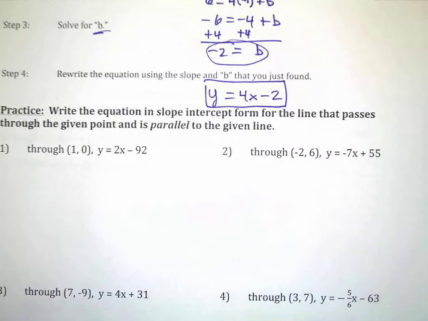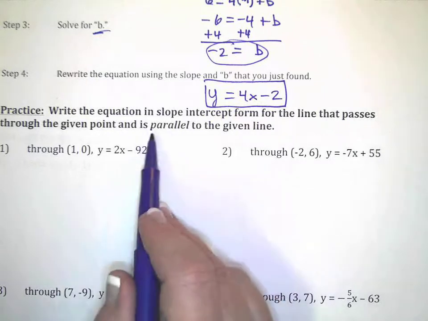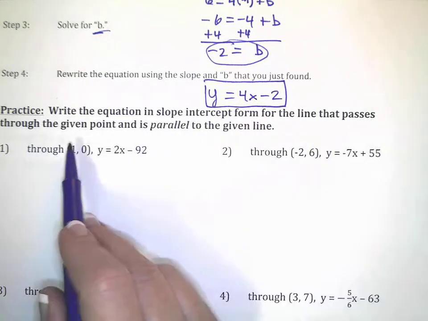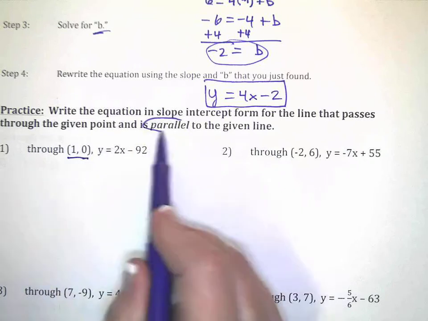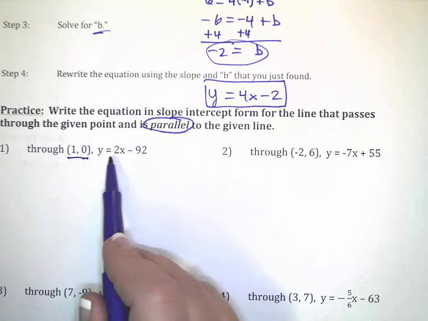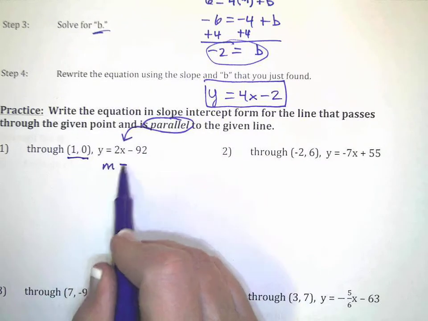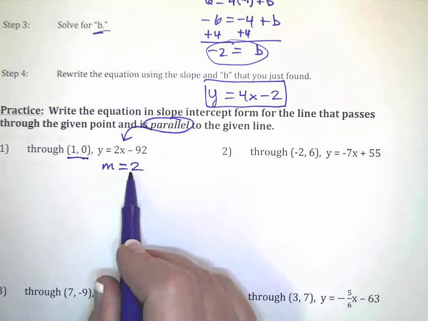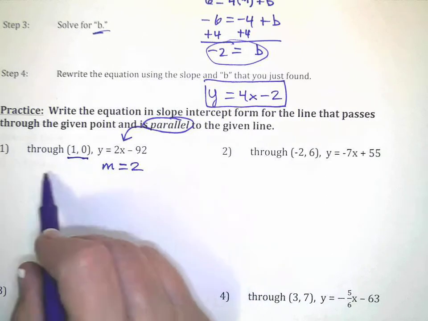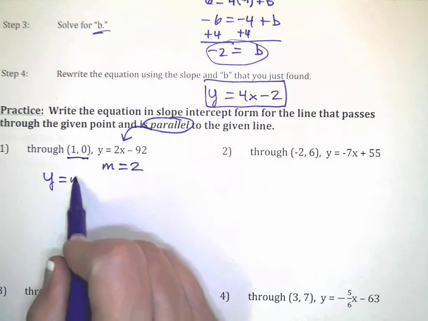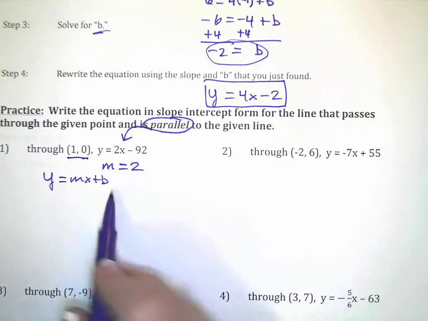So on number 1, they want us to find the equation in slope-intercept form of a line that passes through 1, 0 and is parallel to this line right here. So this line has a slope of 2. So we're going to use that slope and this coordinate. And again, all we are doing is substituting into this slope-intercept form, y equals mx plus b.